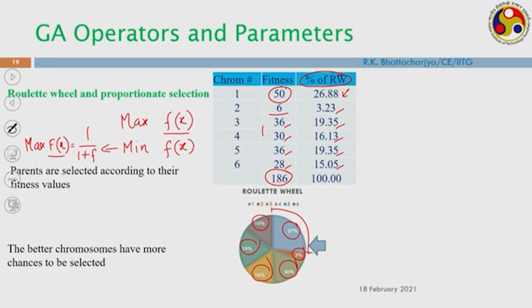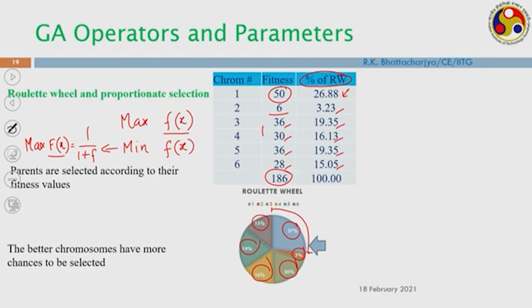The idea is that the algorithm is very simple. I will play the roulette wheel 6 times, because I have to select 6 solutions. According to the solutions selected, they will go to the next generation. So this is the idea of the roulette wheel. The worst solution is occupying only 3%, so the probability of selection of that particular solution is very low.